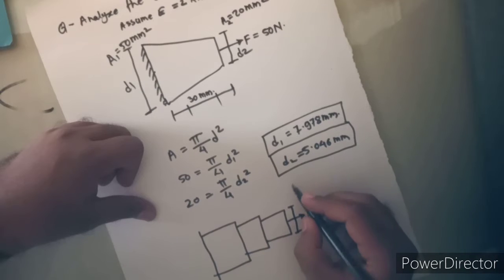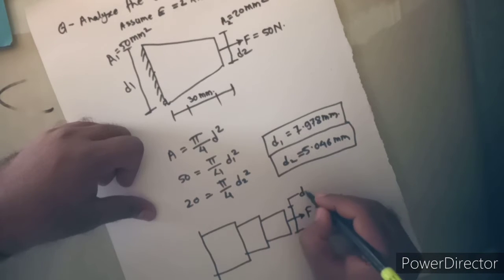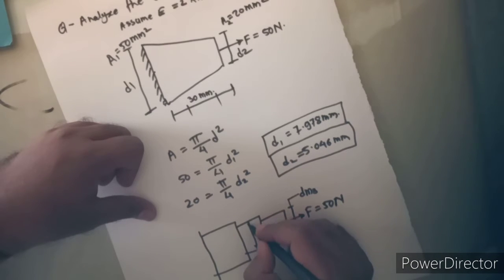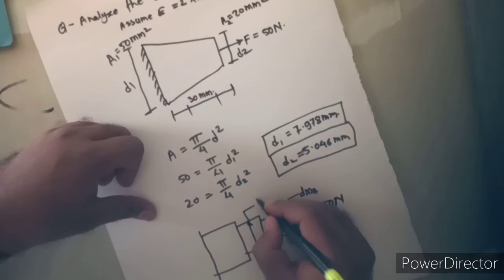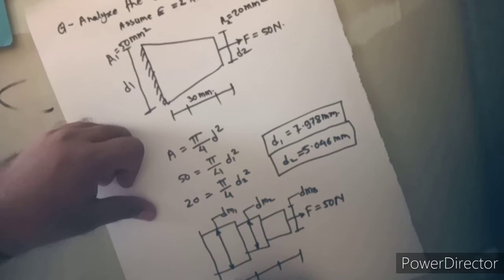This is the third diameter DM3, this is DM2 and this is DM1. Divided into 3 parts of 10 mm each, the total is 30 mm.